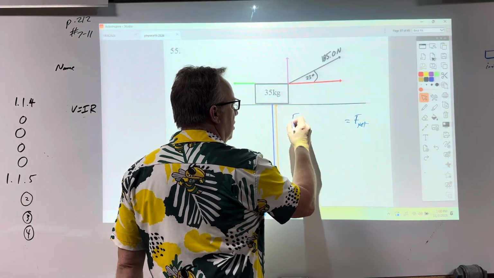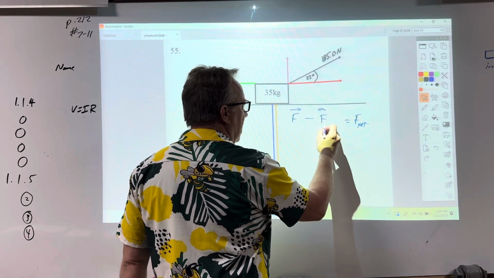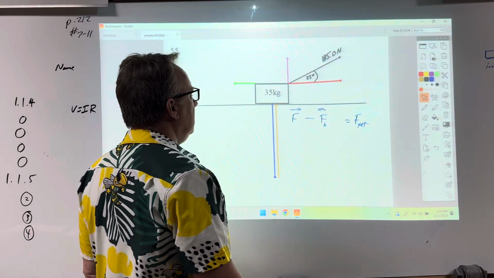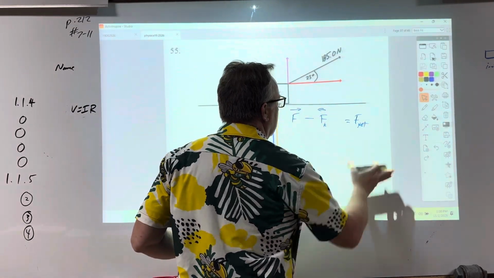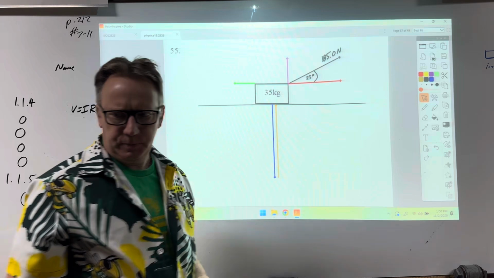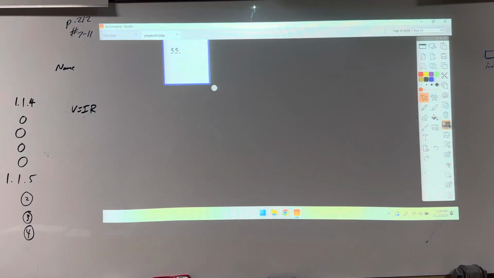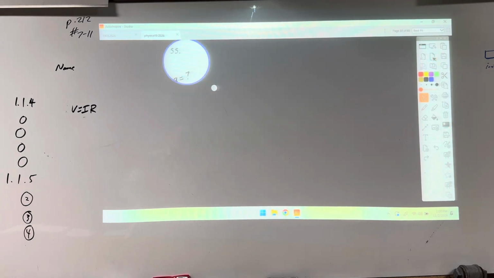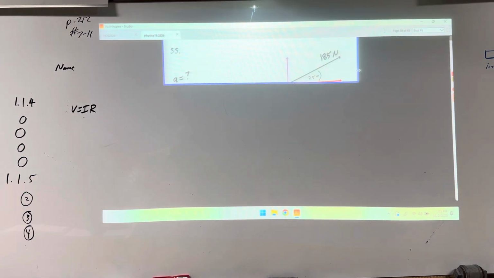So you've got a force to the right, subtract a force to the left, that's friction, and the force to the right is this side. So that's how that should look. We're ultimately going to want to know the acceleration.